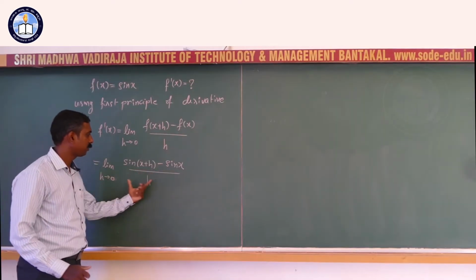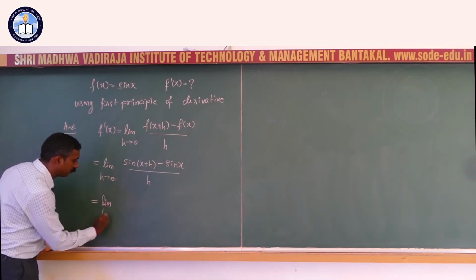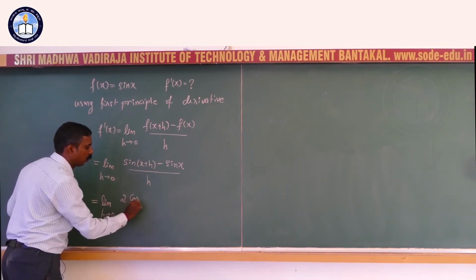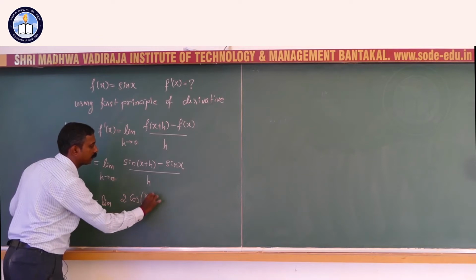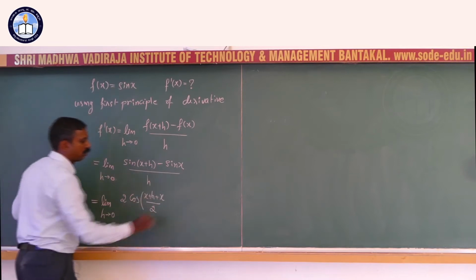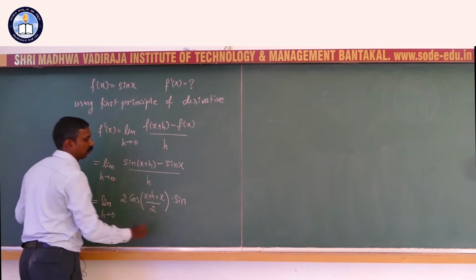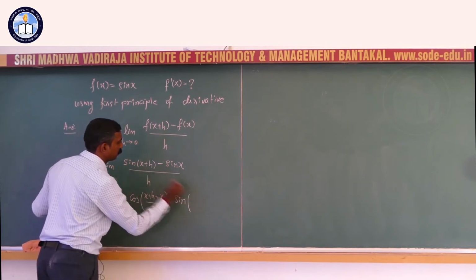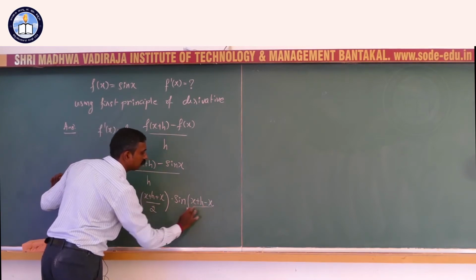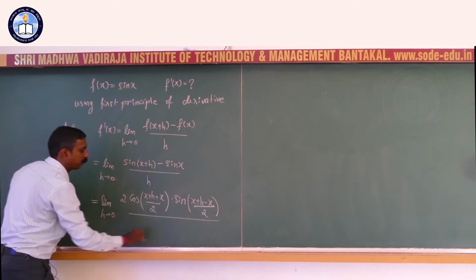So, this is a sine difference. So, cos comes first. That is how we remember the rule. Limit h tends to 0, when there is a sine difference, 2 times cos of x plus h plus x divided by 2, into sin of x plus h minus x divided by 2, whole divided by h.